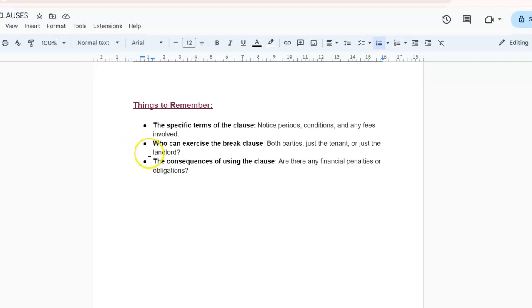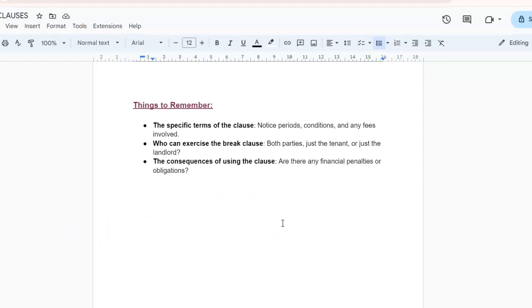Number two, you need to understand clearly who can exercise the break clause. This can be both parties, or just the tenant, or just the landlord, so make sure that it is stipulated clearly. And number three, you need to understand the consequences of using the break clause. You need to know if there are any financial obligations or penalties.